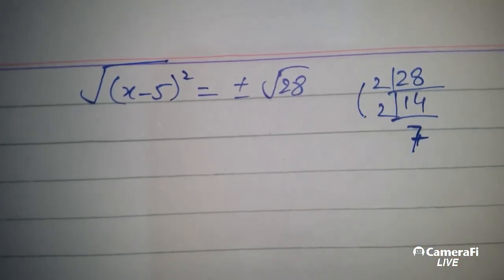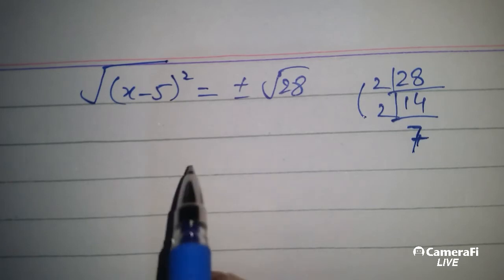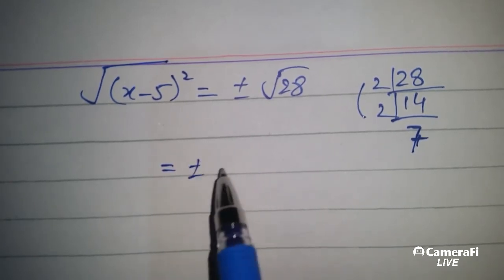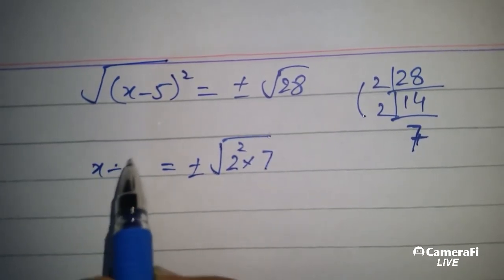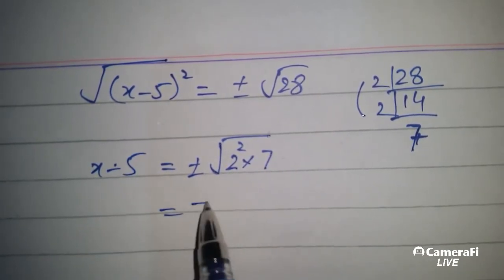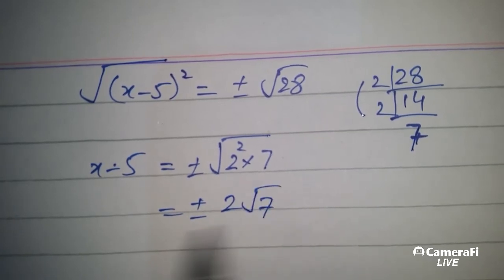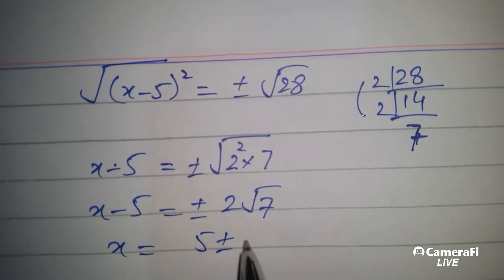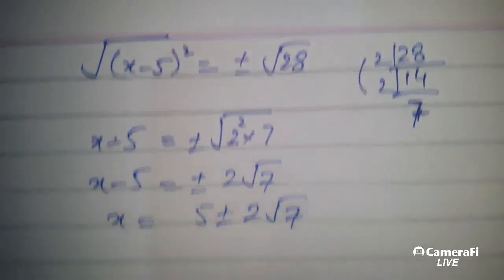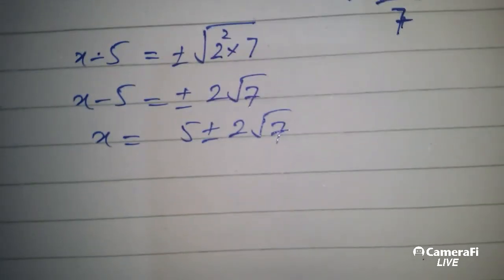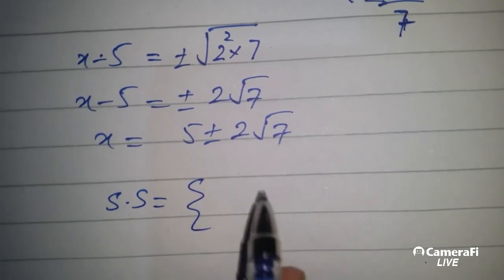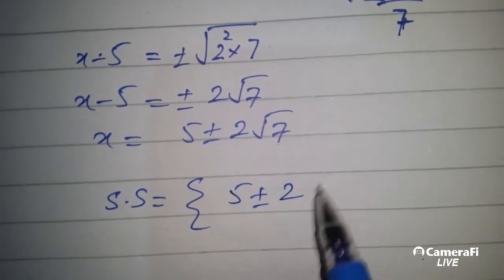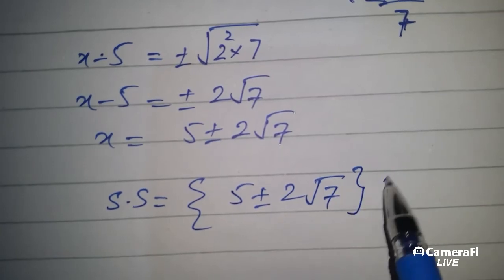So this pair, you can write it as 2 square into 7, so this is the answer. Solution set is just like this: 5 plus minus 2 square root 7.